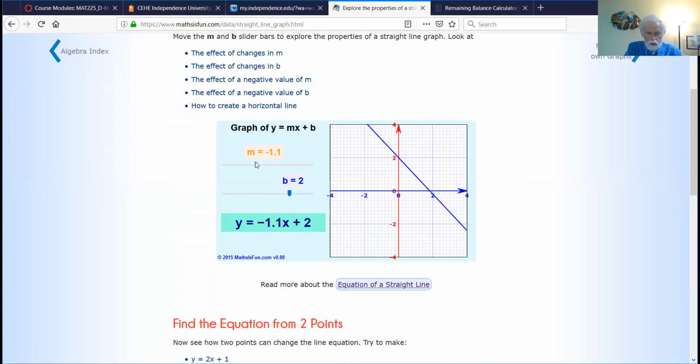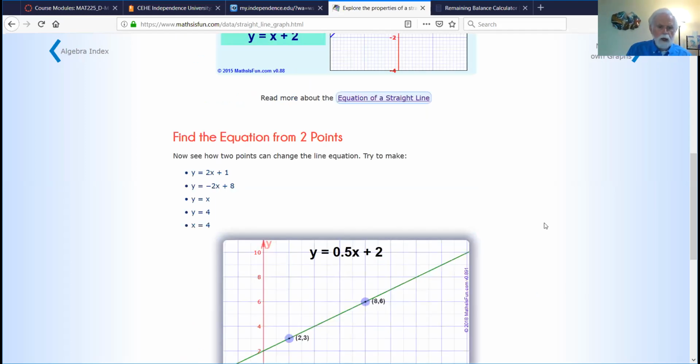So we see that the slope, take this back to 1. And if we change the y-intercept, see what happens. The line simply moves without changing the slope. Okay, so that's what happens here.